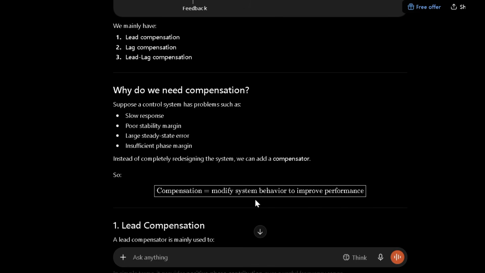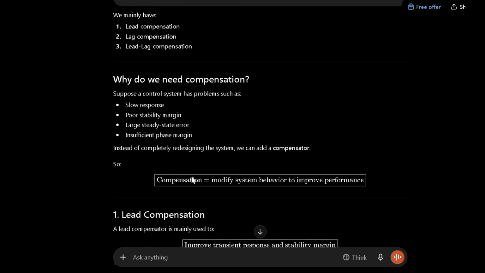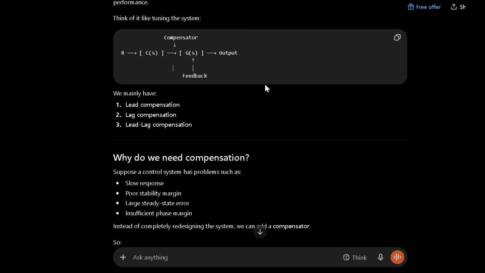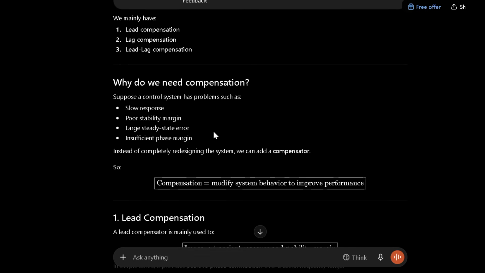So compensation is nothing but modifying the system behavior for the input to improve the performance of the whole system. Why do we need a compensation?